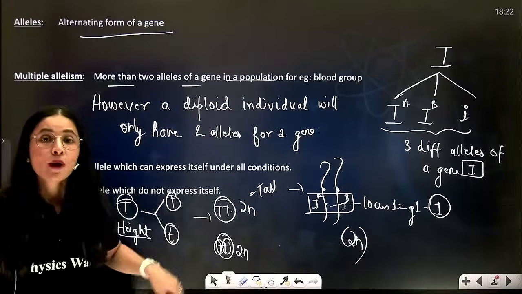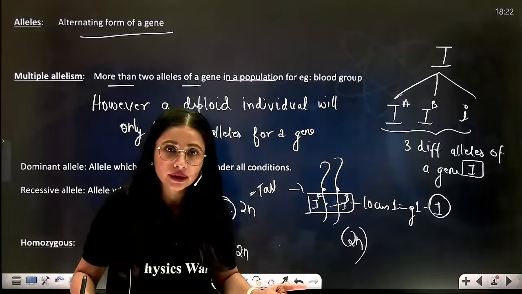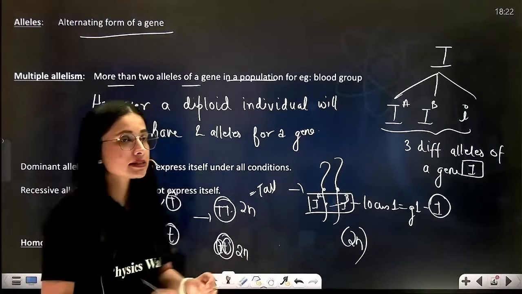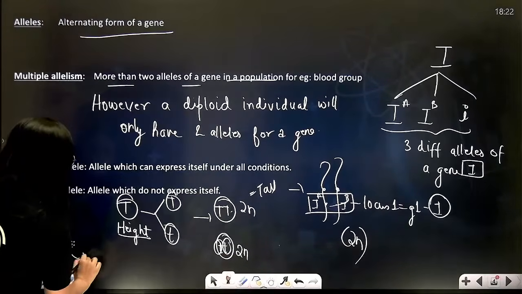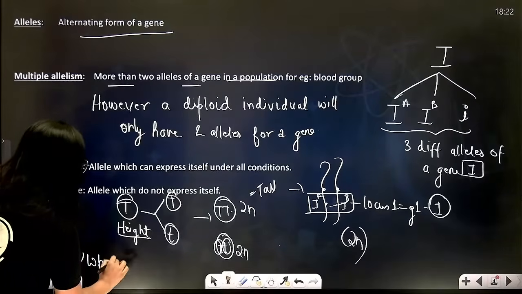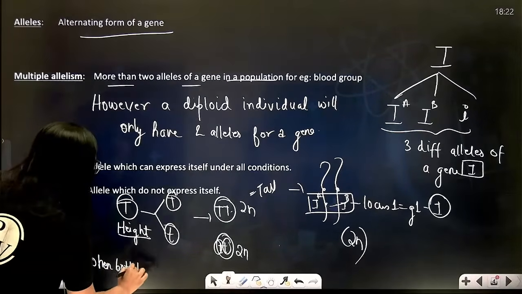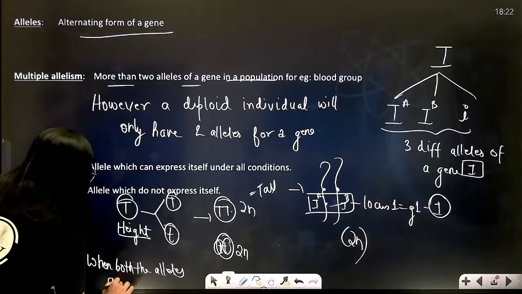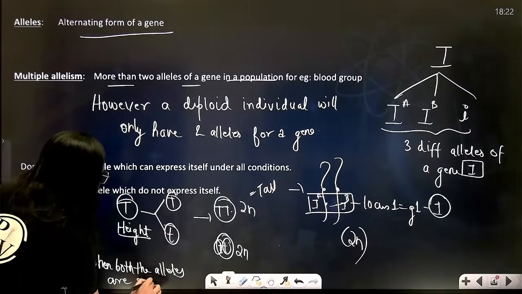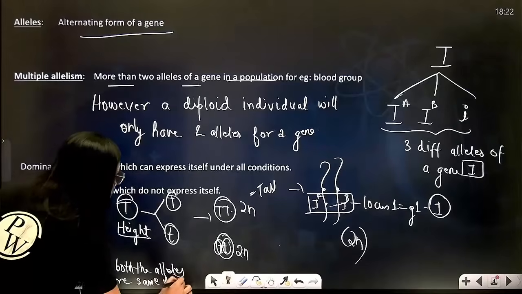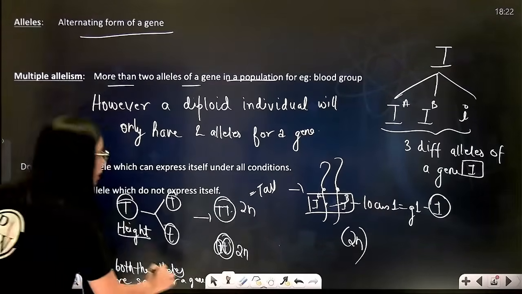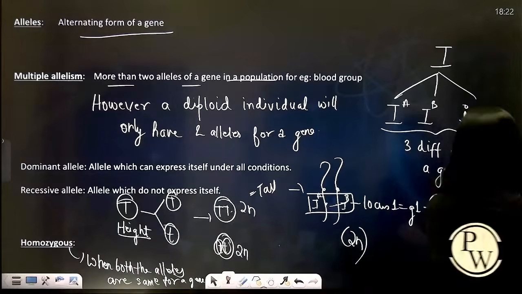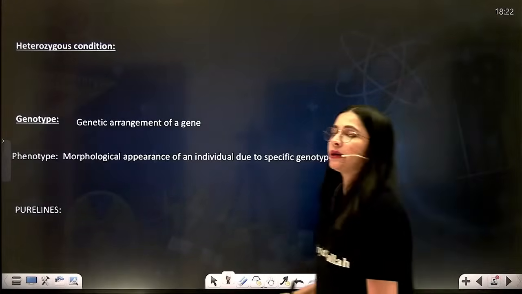And if both the alleles are different, then it is known as heterozygous. What is homozygous? When both the alleles are the same for a gene in a diploid organism, like capital T, capital T.